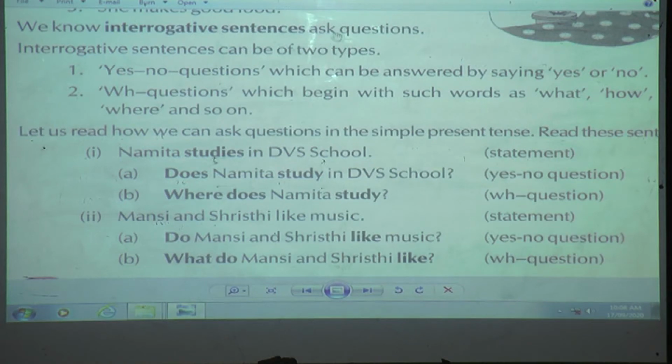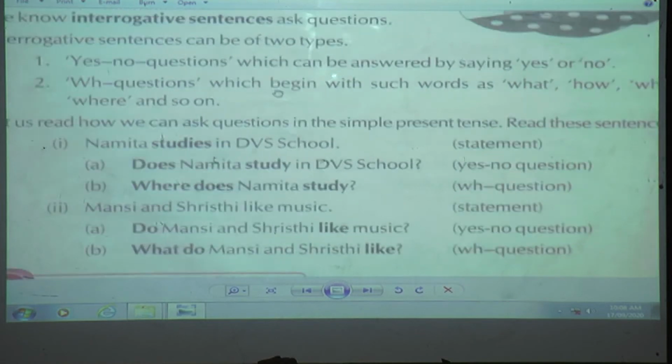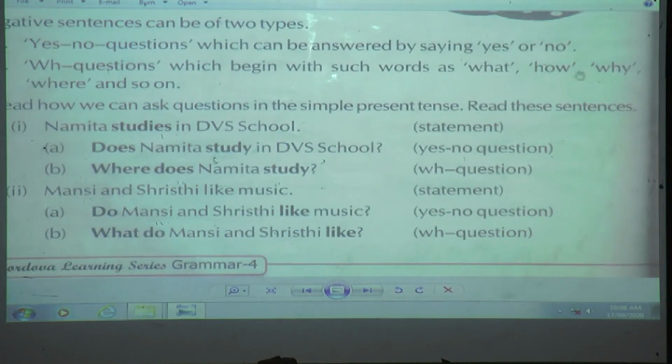Interrogative sentences ask questions. Yes no questions can be answered by saying yes or no, not more than that. Only these two words will be your answer. And the second is WH questions, which begin with such words as what, how, where and so on. One more is there, that is why.